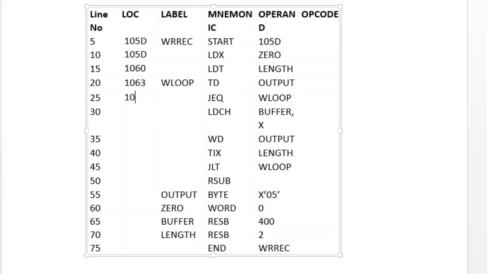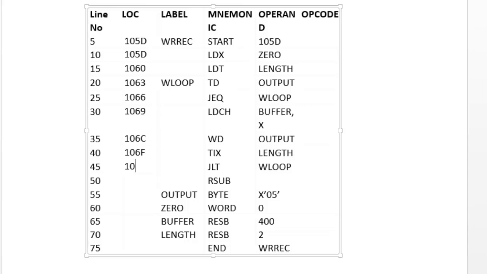Next instruction will appear at 1066. Next instruction at 1069. After that, my next instruction will appear at 106C. After 9, it is 6A, 6B, 6C, right? Next instruction will appear at 106F, going through D, E, F. After F, what is the next number?